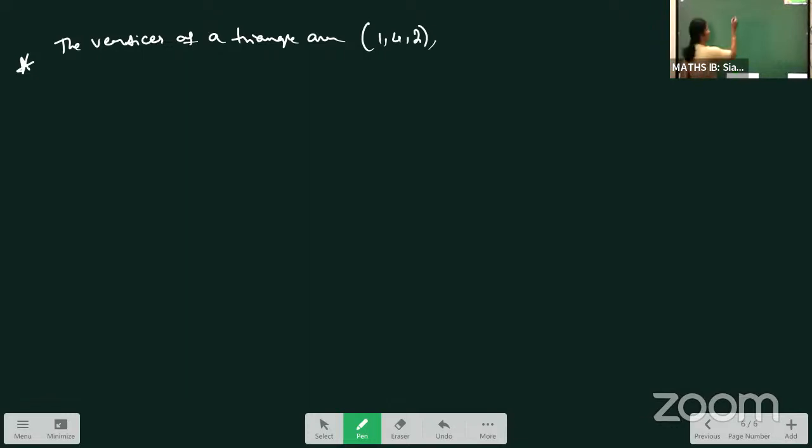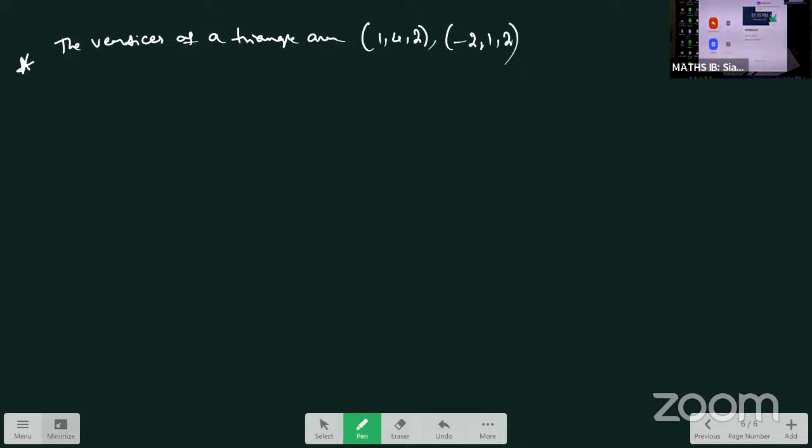The question is like this: the vertices of a triangle are 1, 4, 2, minus 2, 1, 2, and 2, 3, minus 4.